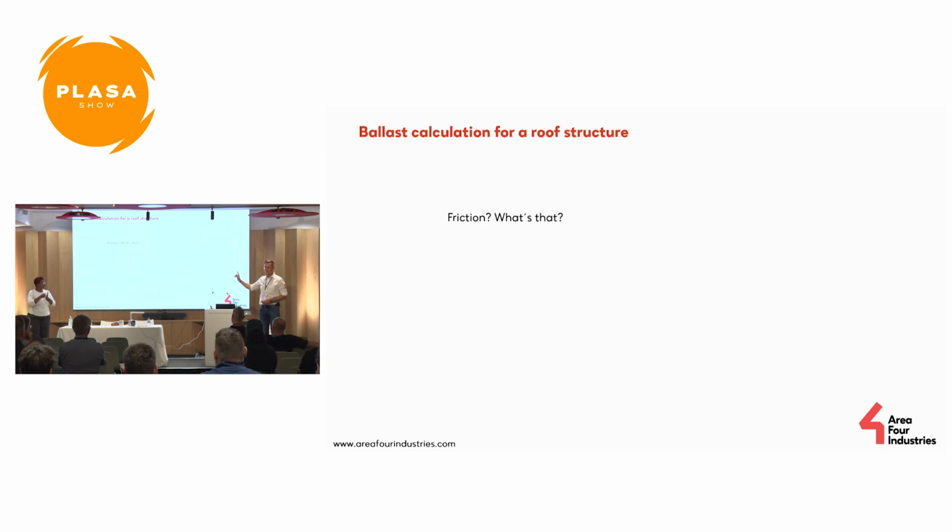Usually, I have this presentation in front of groups which are not English native speakers. That's why I first start to explain what friction means. Everybody here, except the Scandinavians, probably doesn't know what friction is.